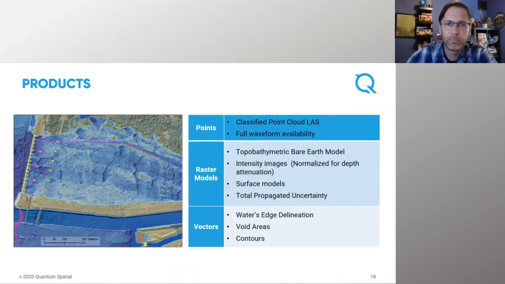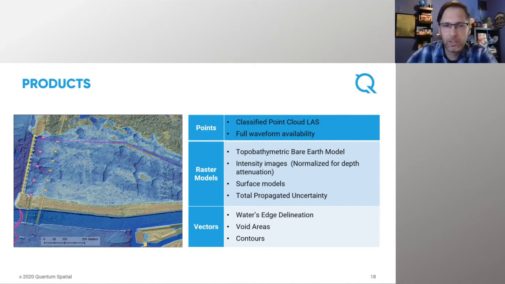But here's a product list for the products that we deliver. And obviously the main product is the seamless elevation model that everyone uses. But we do the full point cloud. We try to adhere to the topobathy domain profile as a standard. Even non-USGS, NOAA clients, we steer them to that, with the idea in mind that someday this data might end up mingling.